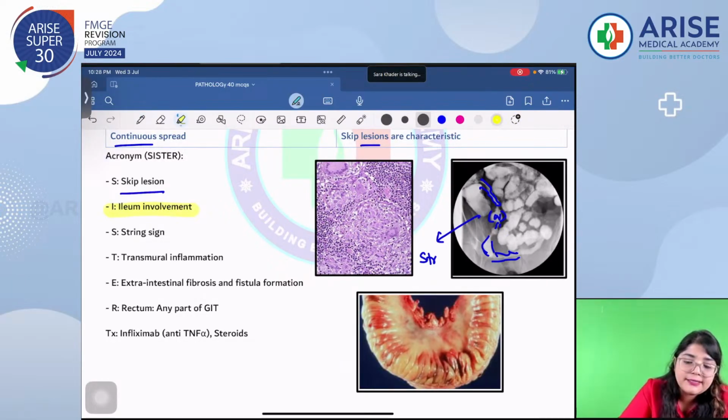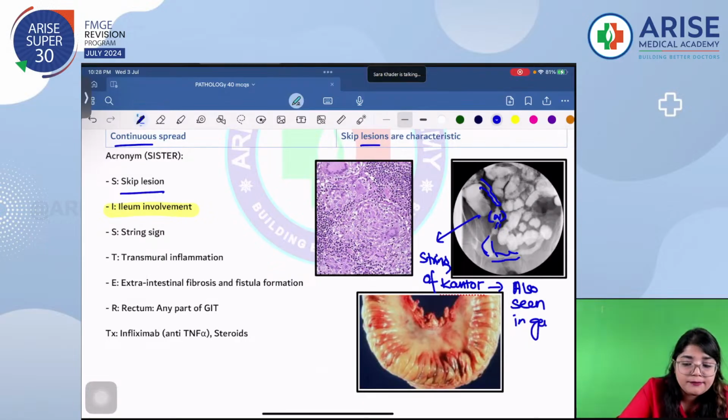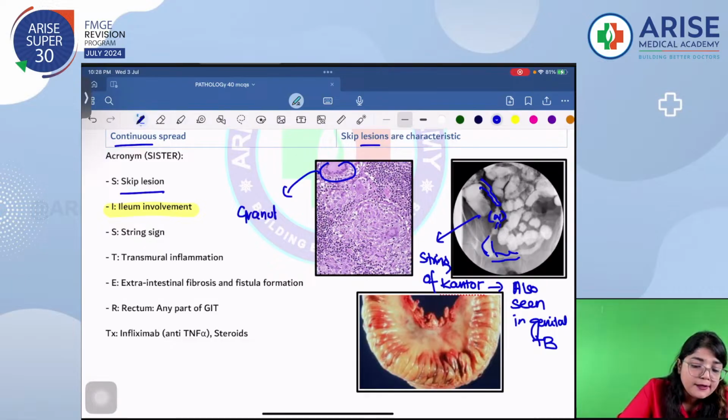Ileum involvement is there. And the string sign of Kantor is non-specific because it is also seen in genital TB. Also, can you see there is a giant cell? So most likely this is a granuloma. Remember, granuloma is the hallmark of Crohn's disease.